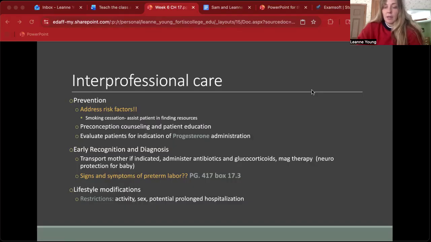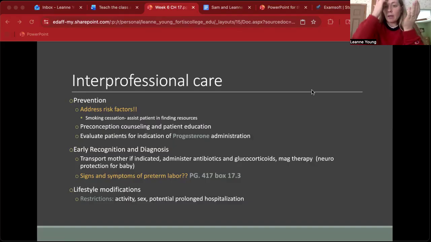If a mom says that she's having a change in the type of discharge, so she tells you, all throughout my pregnancy, my discharge has been kind of like clear, like mucusy, like normal vaginal discharge, but just a little bit extra of it. And now she's telling you my discharge is like really runny, it's watery, it's got kind of a weird color to it, it smells kind of weird.